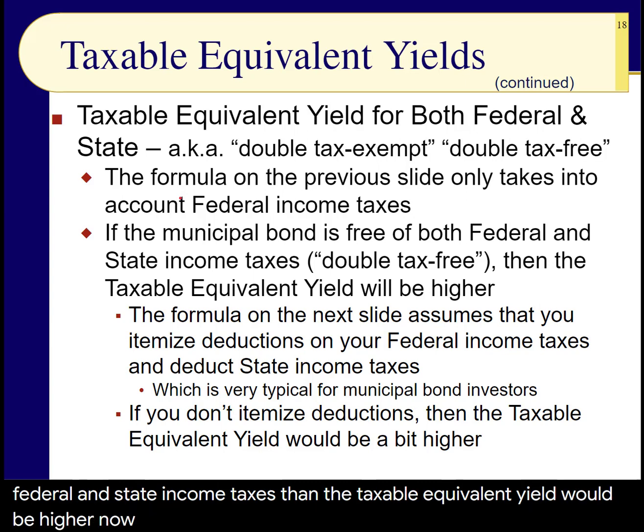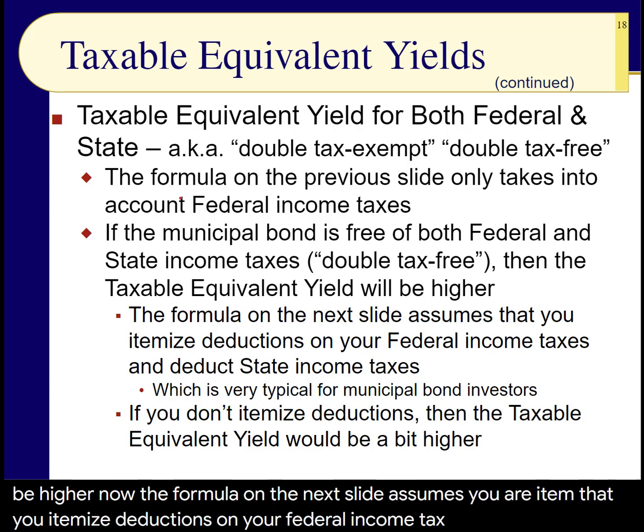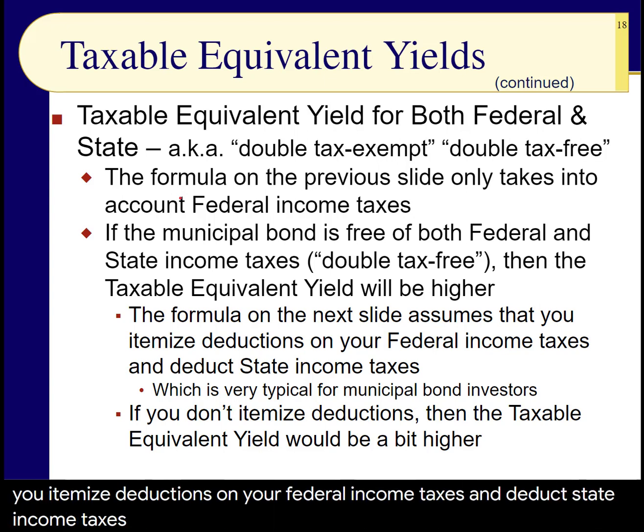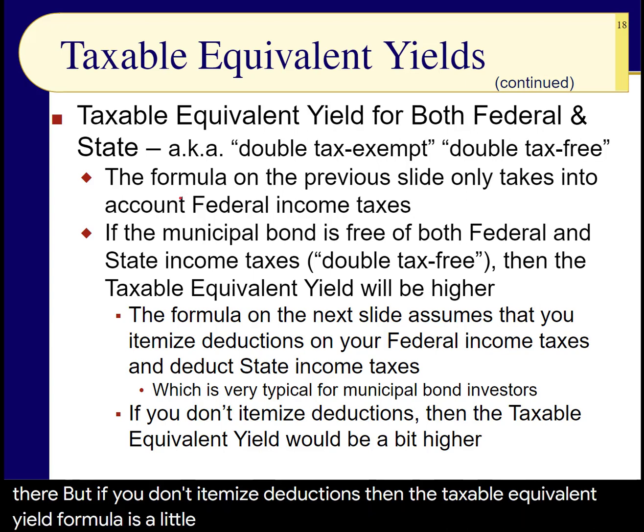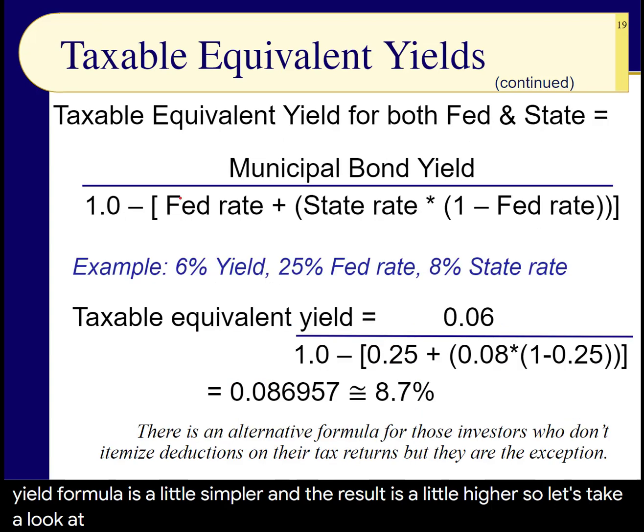Now, the formula on the next slide assumes that you itemize deductions on your federal income taxes and deduct state income taxes, which is very typical for municipal bond investors because they typically have a lot of deductions. But if you don't itemize deductions, then the taxable equivalent yield formula is a little simpler and the result is a little higher.